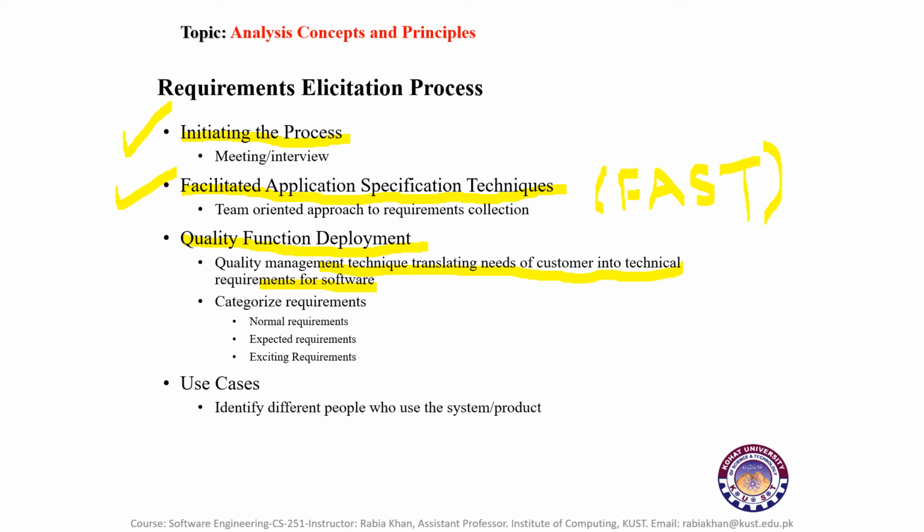Here, generally the requirements of the customers are categorized. What is more valuable to the customer is placed at the top, and what is least valuable goes to the bottom. So quality function deployment categorizes the requirements in three categories.